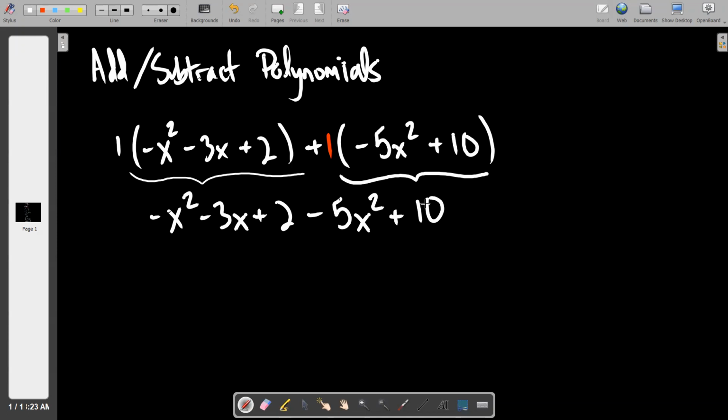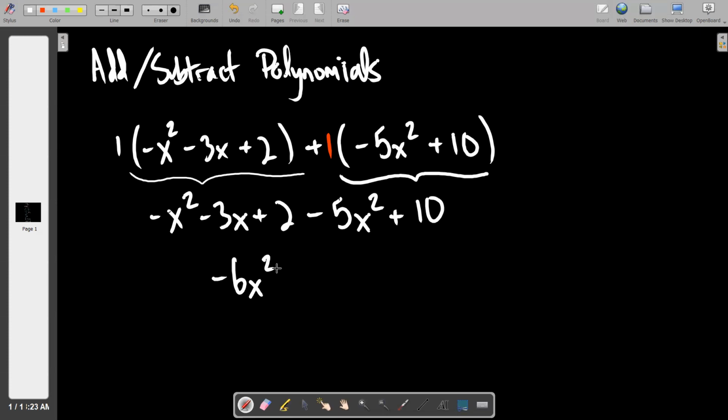And all we're going to do now is combine like terms. You always want to combine your x squared terms first, or your most powerful x's first. If you put your x squareds together, how many total would you get? You'd get -6 of them. You don't change what they are, you just change how many of them there are. They're still x squareds, you just change the coefficient, the number in front.